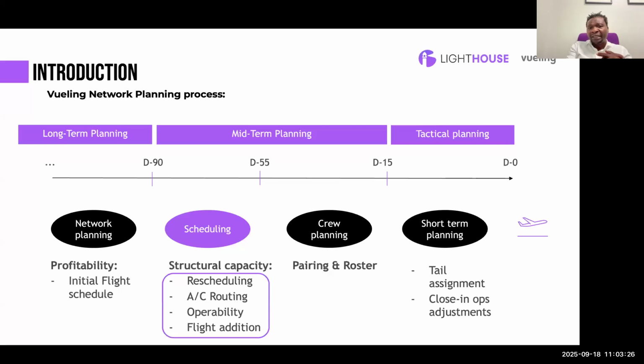Moving to the midterm, we are talking about 3 months, focusing on scheduling and fleet decisions. After that, we move to the crew and the short-term adjustment planning. All these stages add complexity to the planning and to the model. And we will see how optimization and quantum computing will help us to be more efficient and more consistent.